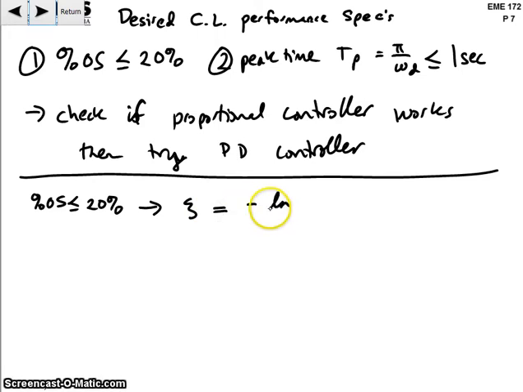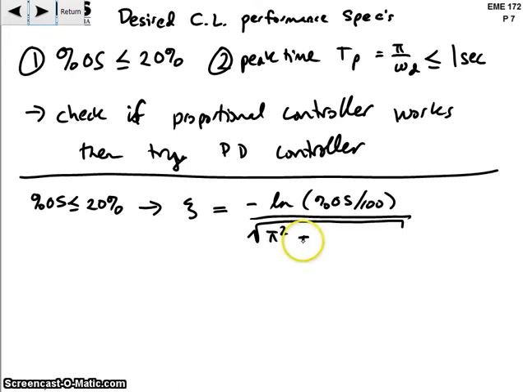The formula is the natural log of the overshoot divided by 100, because I've got to convert it from a percent to a decimal, over the square root of pi squared plus log squared of percent overshoot over 100 again.